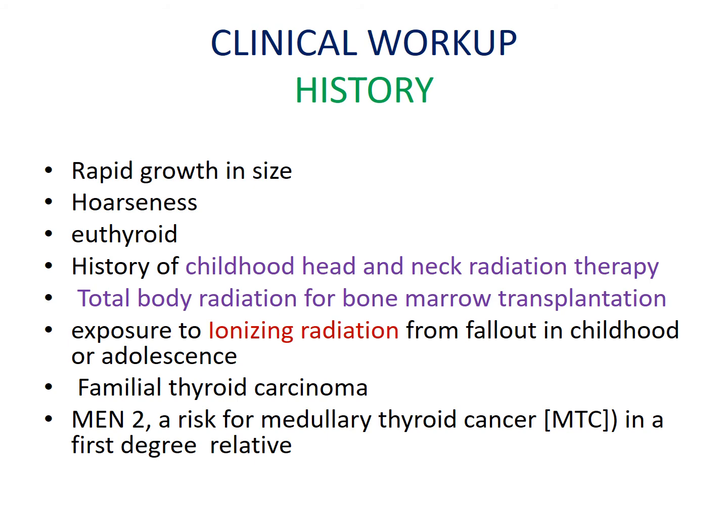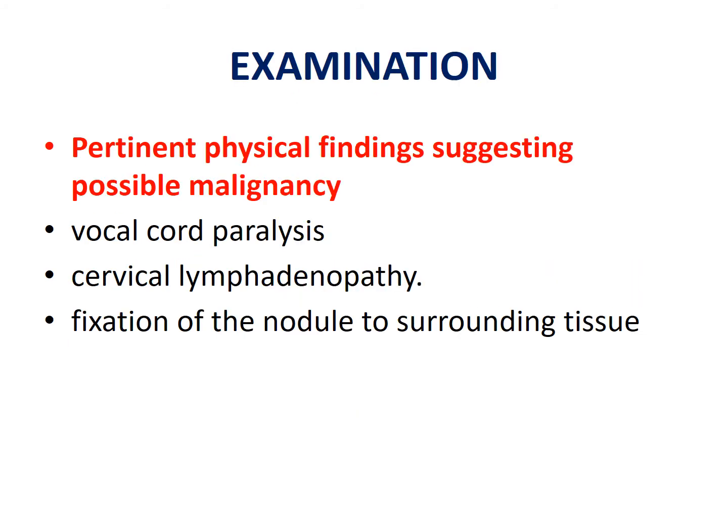Well, after a thorough history taking, we need to perform a very thorough clinical examination of the neck and the thyroid gland. So we'll be observing whether this thyroid gland is moving with deglutition.